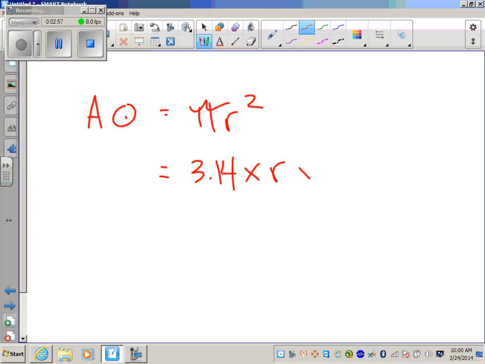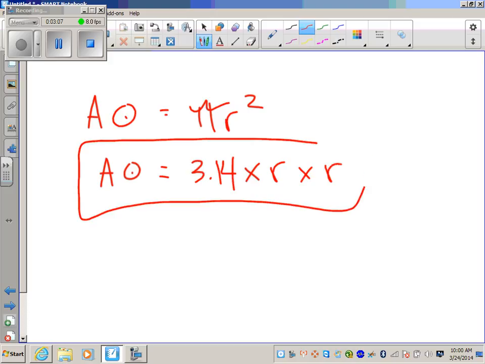So r times what? R. Good. There's the formula. 3.14 times r times r. Which is different than what we did with circumference, because circumference was what? 3.14 times d. I know it's been like a week. d, right.